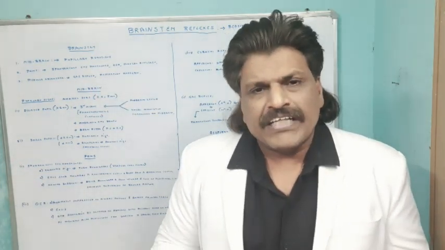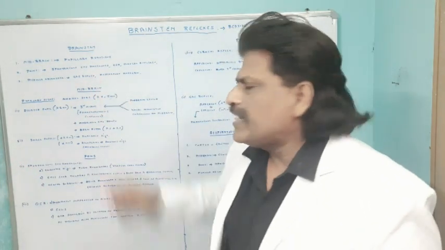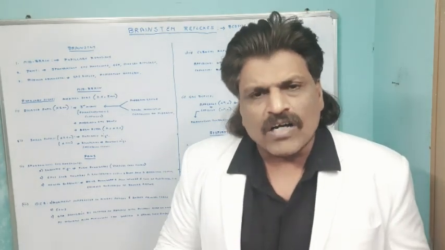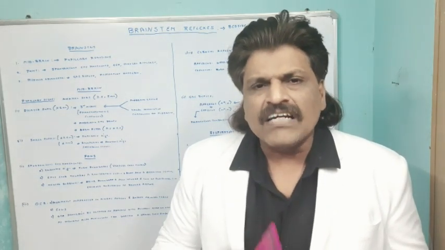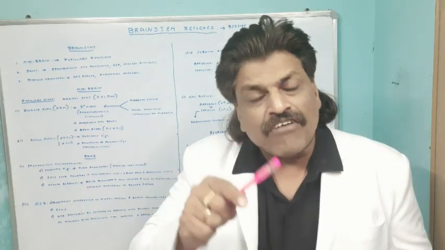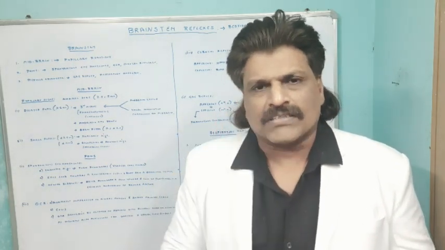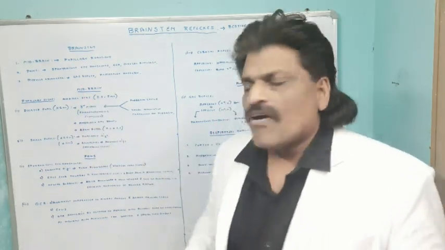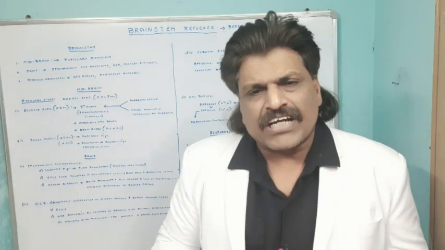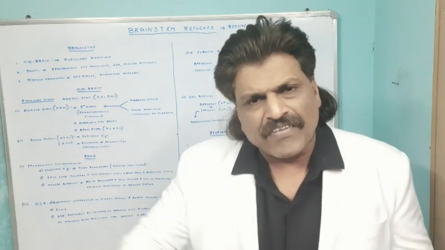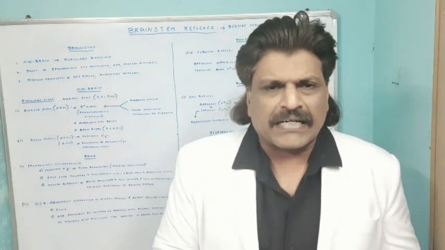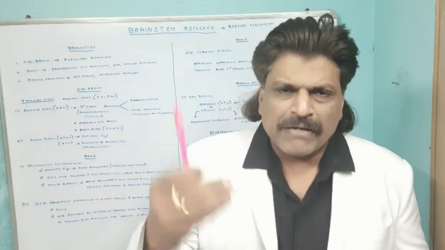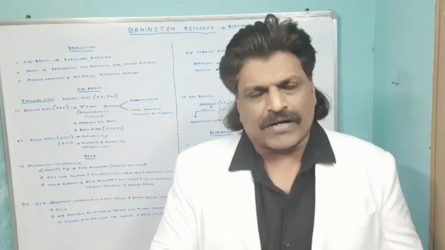Second, we check out on the spontaneous eye movement, oculocephalic reflex and corneal reflexes for the evaluation of pons. For medulla oblongata, we check out on the gag reflex and the various respiratory patterns affecting midbrain, pons and medulla oblongata.